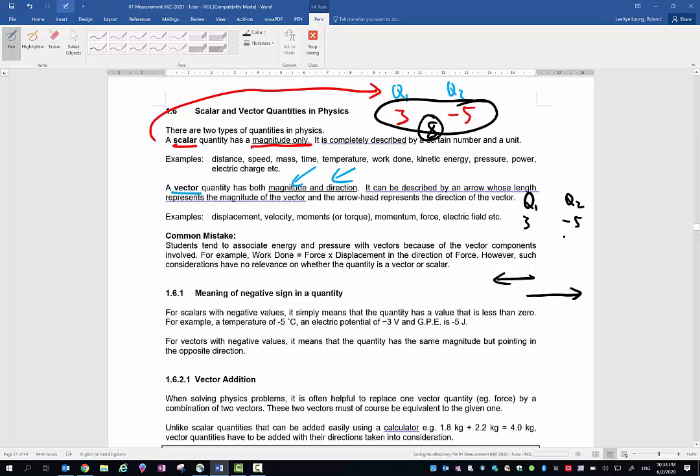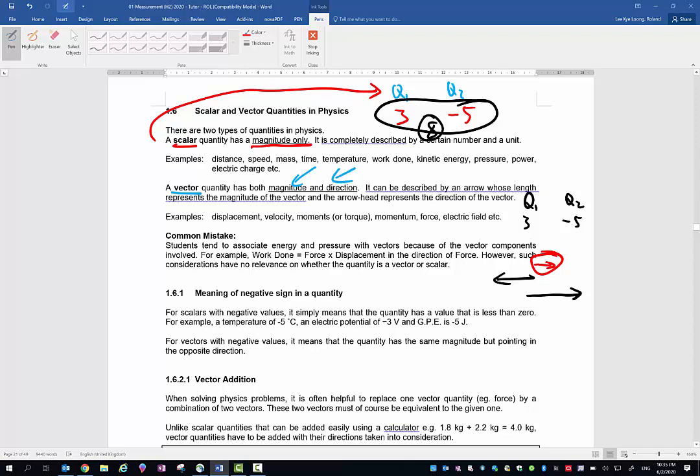So the difference in magnitude perhaps is only 2, because when you add these two together, the resultant is 2 to the right, if minus 5 is to the right and we take the leftward as the positive direction. So that is the difference between scalar and vector. Scalar only has magnitude, vector has both magnitude and direction.